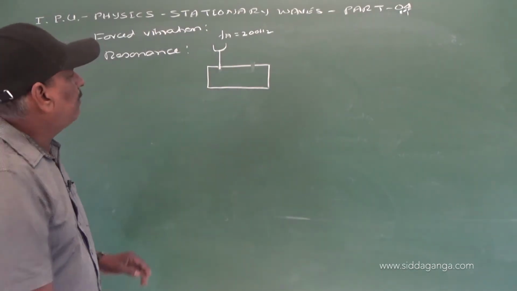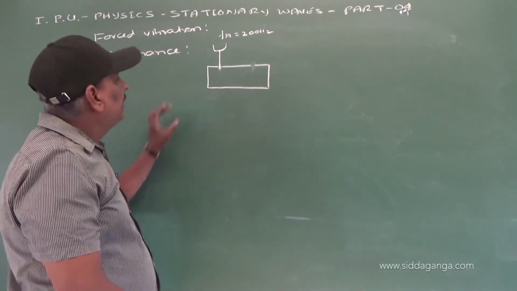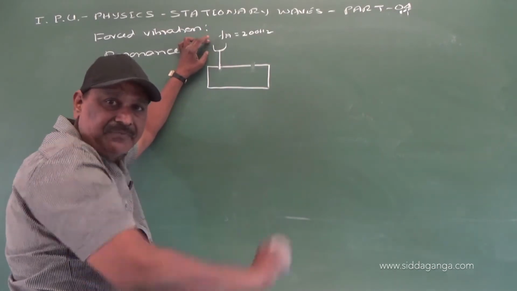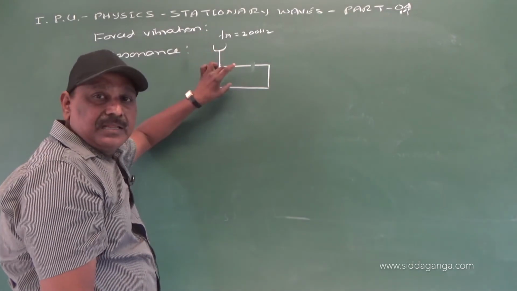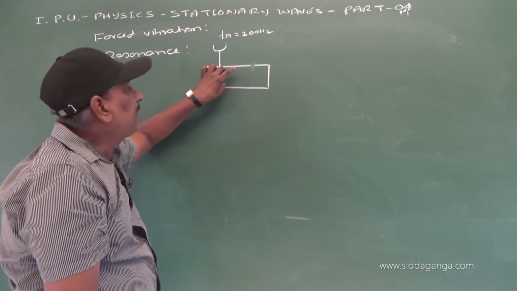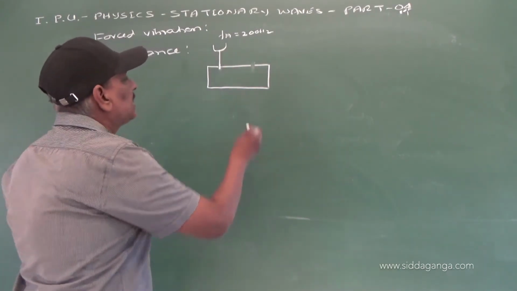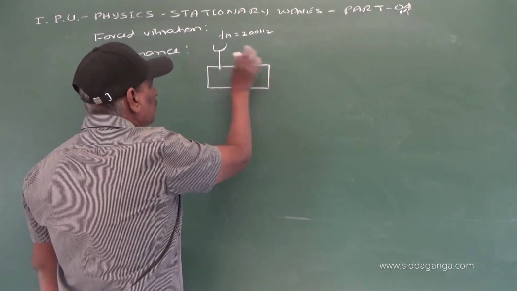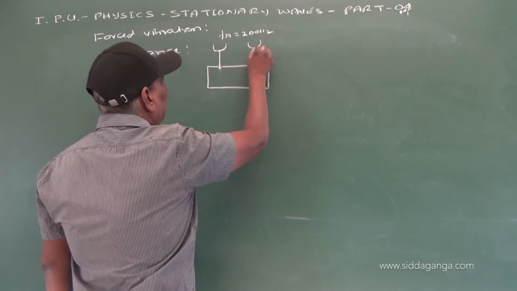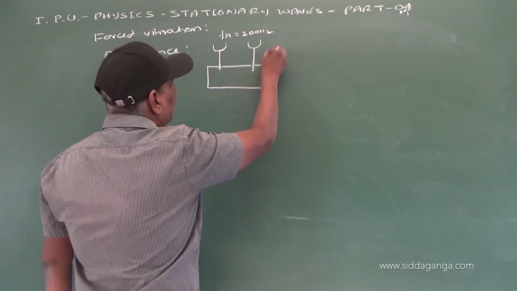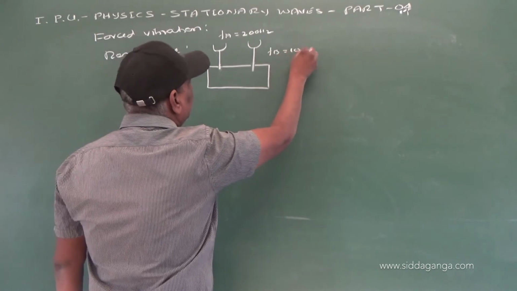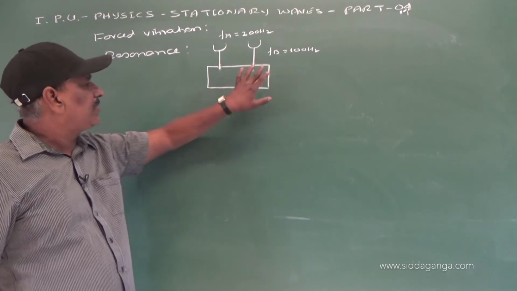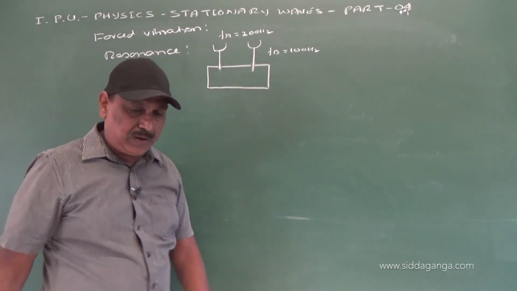When it is set into vibration, it vibrates with a frequency of 200 hertz and is left free. Then the board also vibrates with a frequency of 200 hertz. Suppose, when it has no vibration, we have another tuning fork B of frequency say 100 hertz, set into vibration and inserted in the second hole.